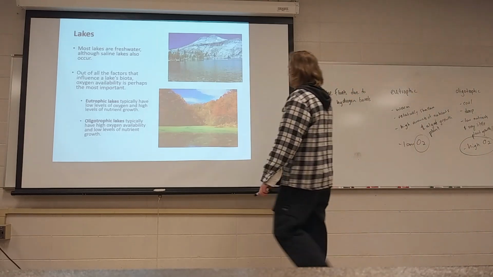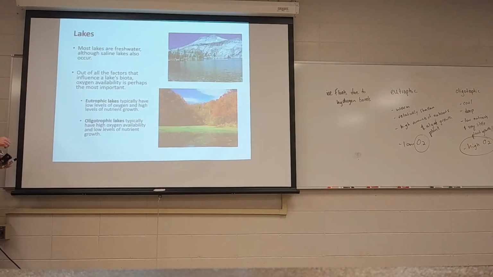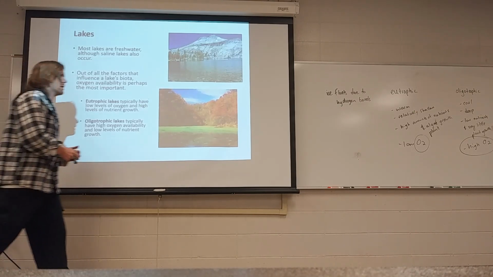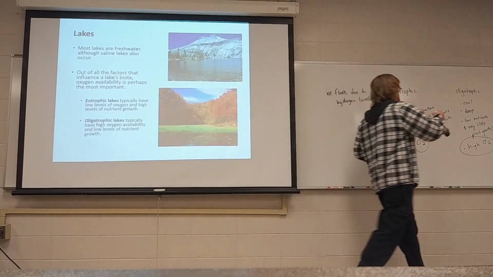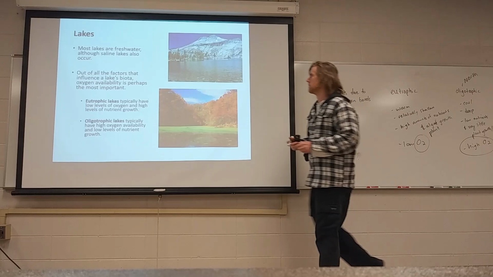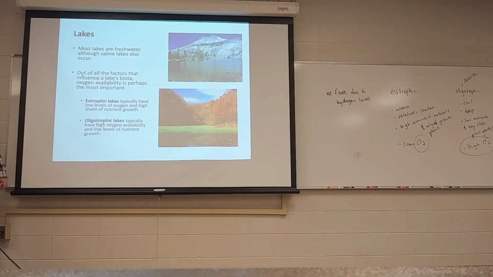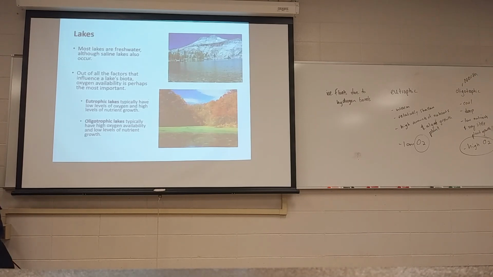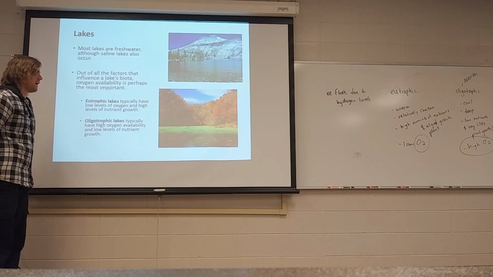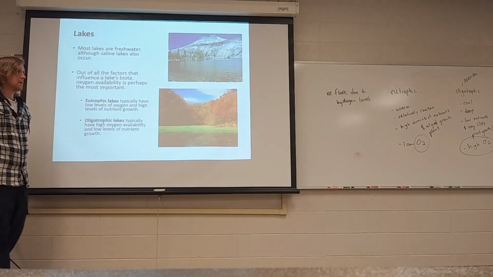Lake Superior, the Great Lakes, at least Lake Superior in particular, is the perfect example of an oligotrophic lake. These things are usually found up north. Think Canada, Minnesota, type north. And you get a lot of salmon and members of the salmon family that live there. But you just don't have the plant growth that you have with eutrophic lakes, and you've got a lot of oxygen up there.